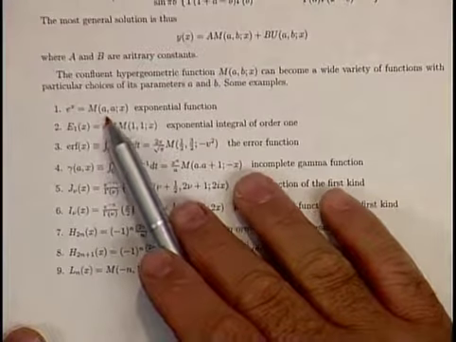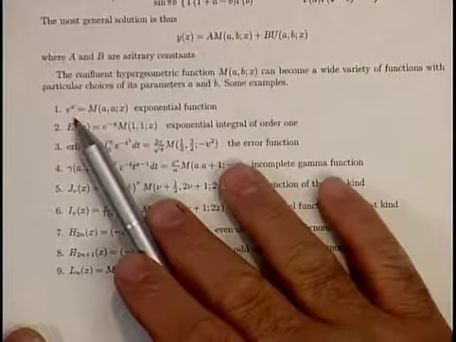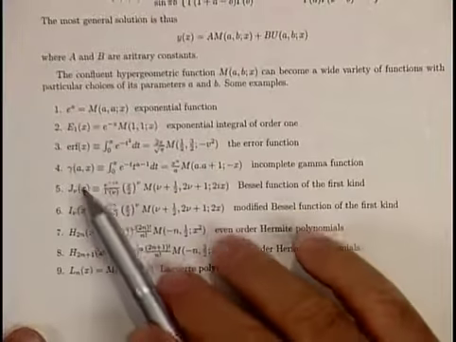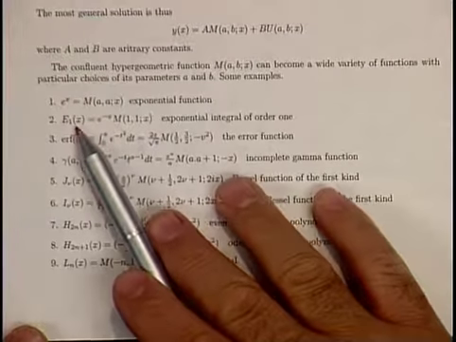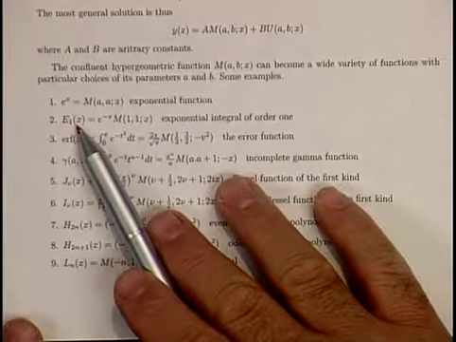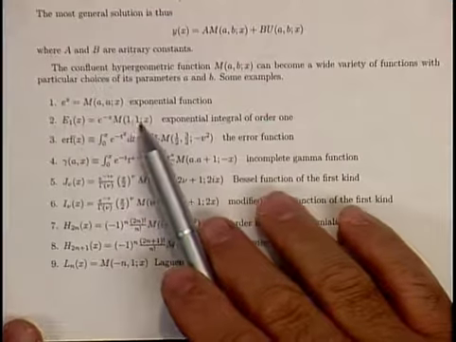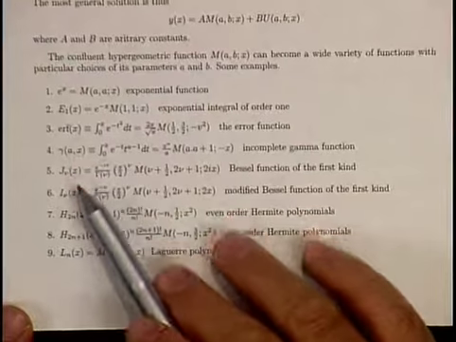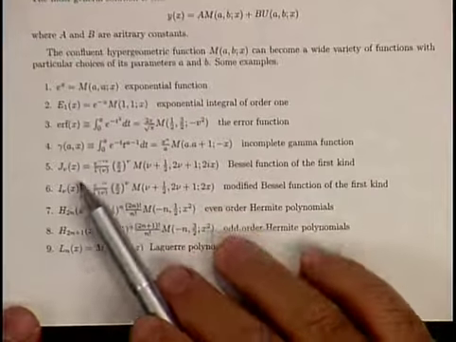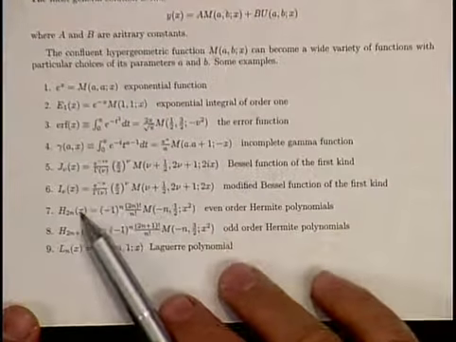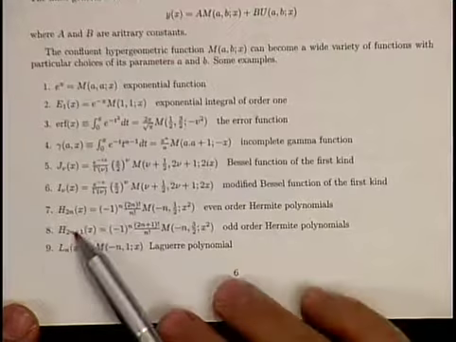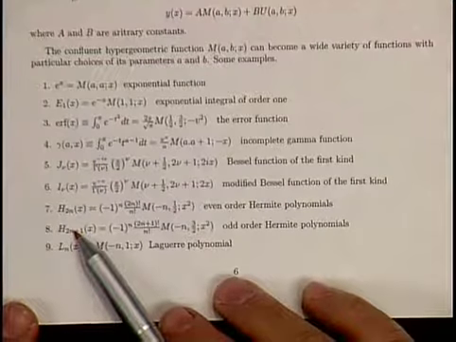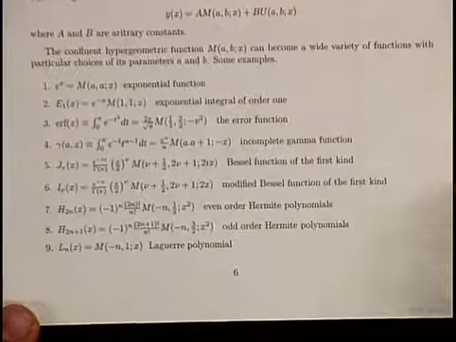If a and b are equal, you end up with the definition of the exponential function. This is the exponential integral function, for example, when you choose a and b equal to 1 and you multiply by e to the power of minus x. You have the error function, the incomplete gamma function, the Bessel, the modified Bessel, the Hermite polynomial, and the Legendre polynomial.